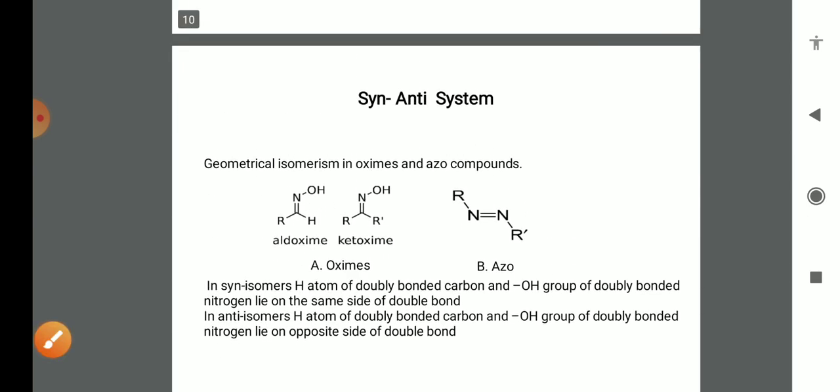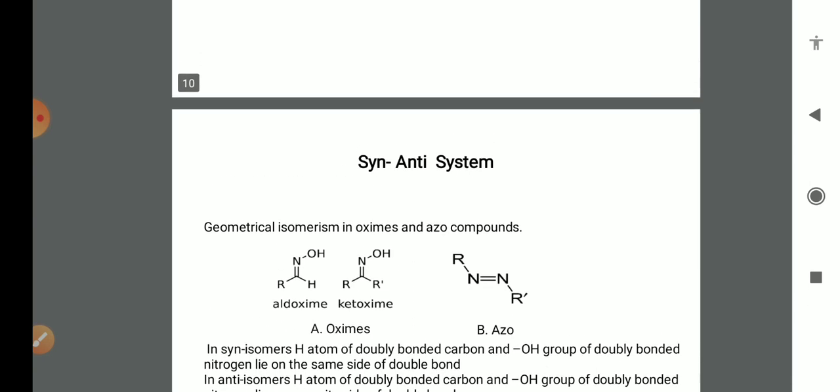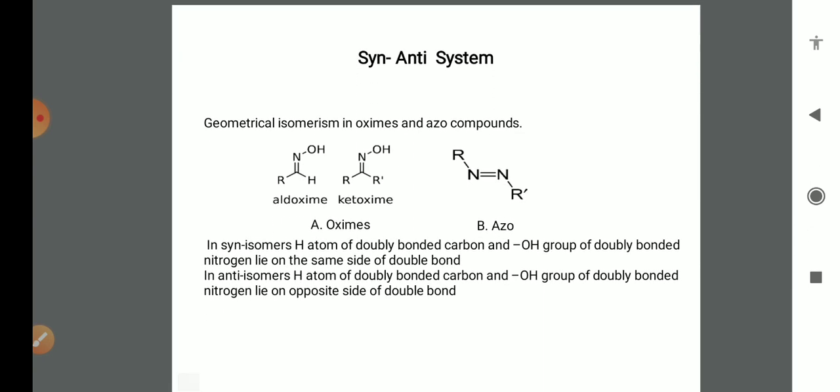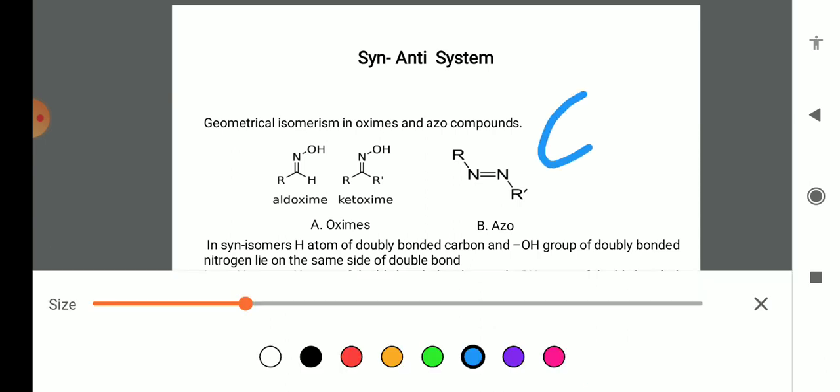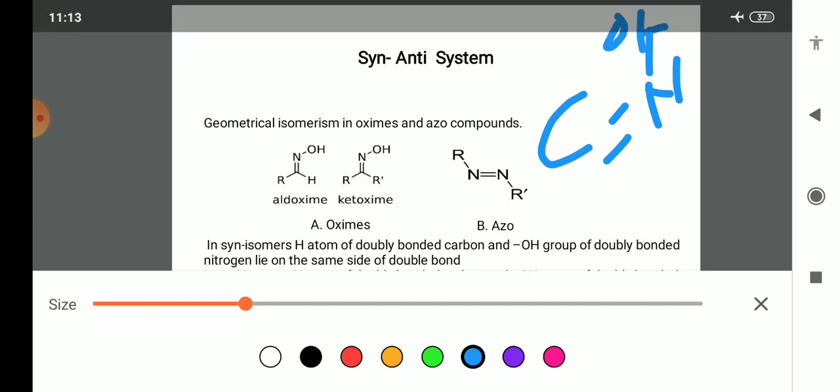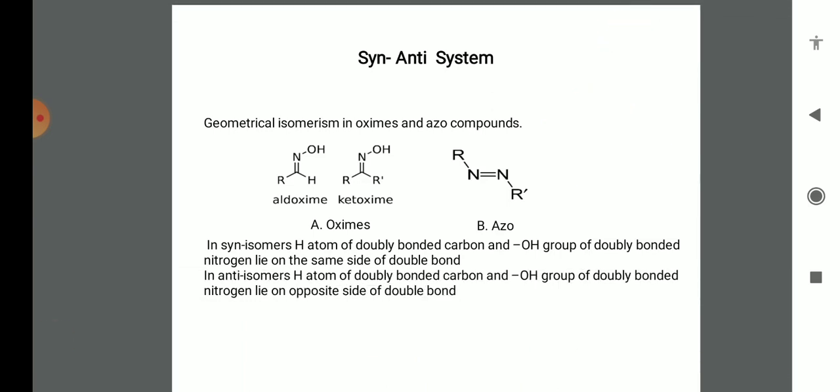Now the syn and anti system. Syn and anti system is the simplest system, and it exists in the oximes and the azo compounds. What are oximes? Oximes have C double bond N and OH. It is called the oximes.